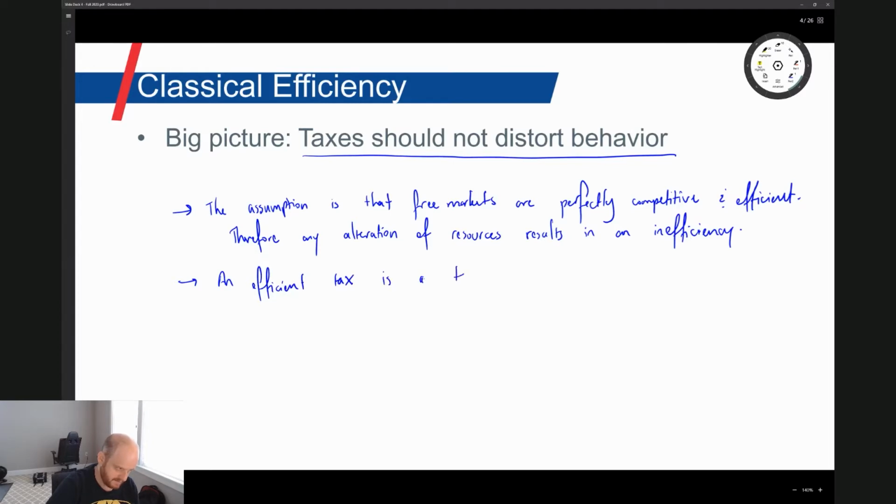is a tax that doesn't interfere with or influence taxpayers' economic behavior.